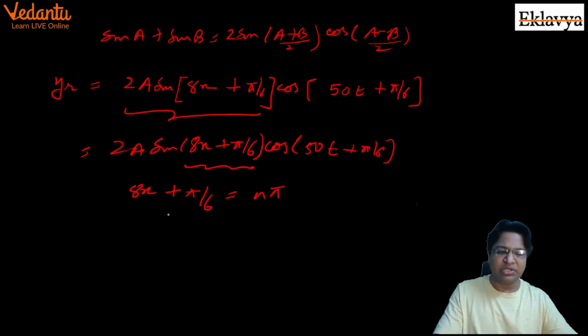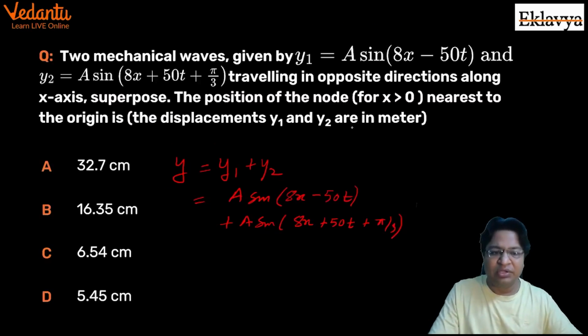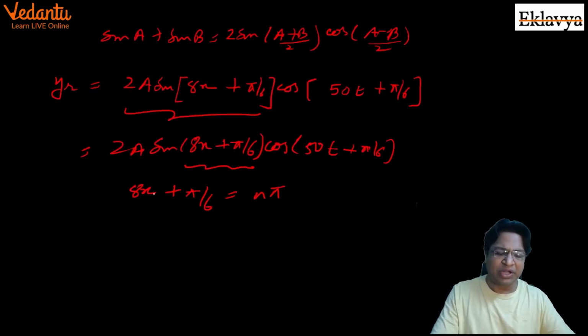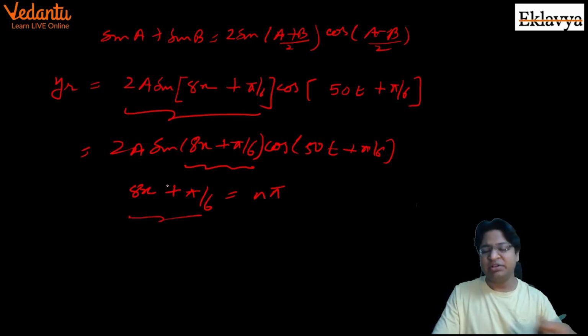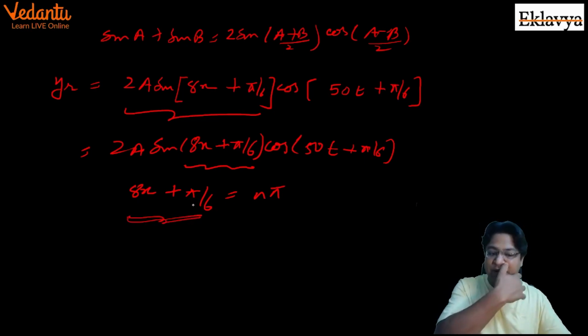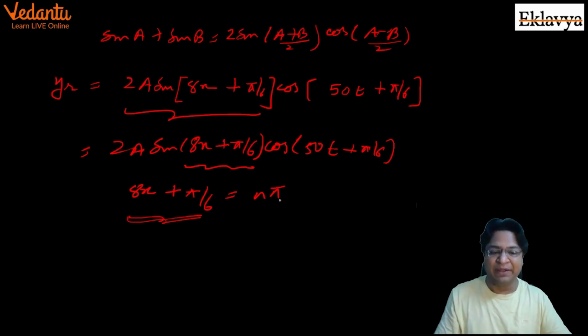Now the question is asking us for the position of the node nearest to the origin. If I put x equal to 0, this number becomes pi by 6. So if x starts increasing from 0, the first time this number can become an integer multiple of pi, starting from pi by 6, would be when this number becomes equal to pi.